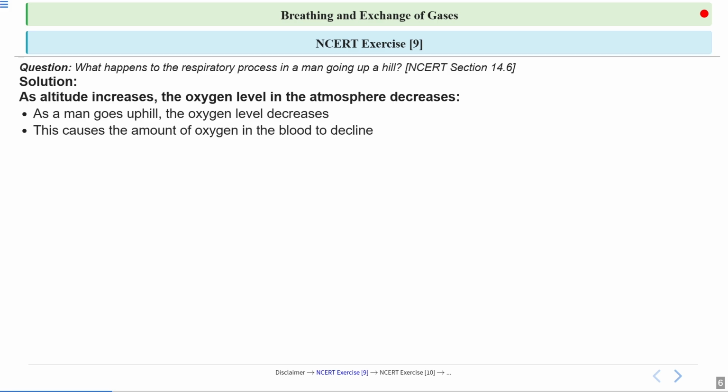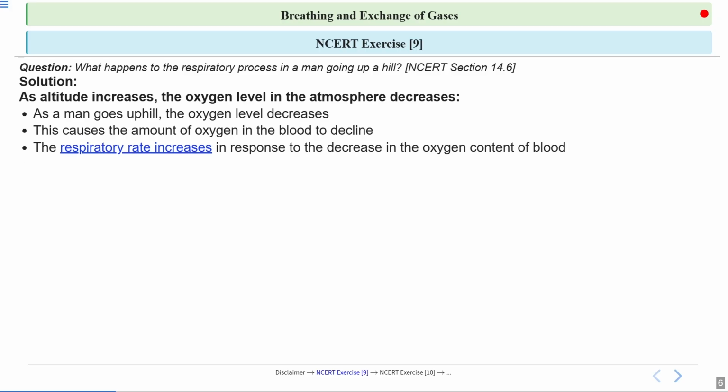So we cannot get the amount of oxygen that we require. So what can we do? The respiratory rate increases in response to the decrease in the oxygen content of the blood.